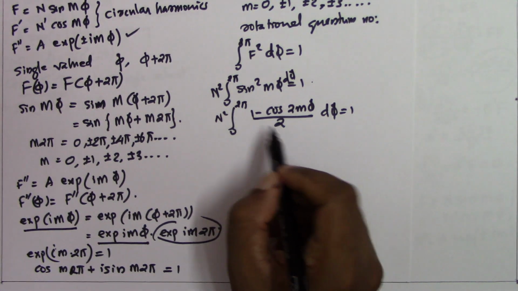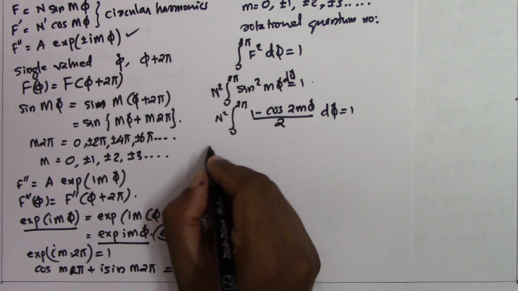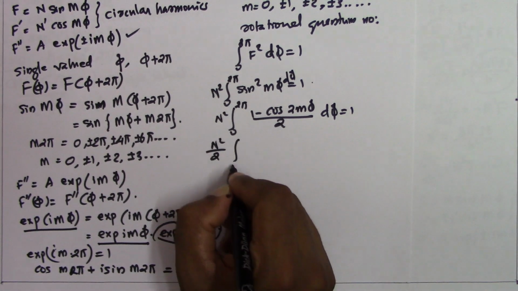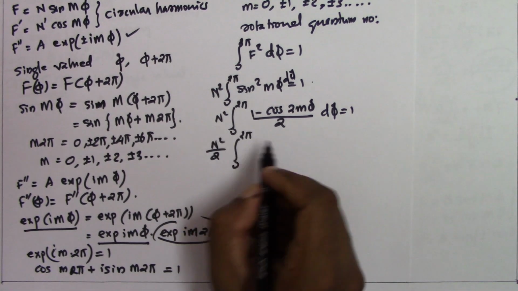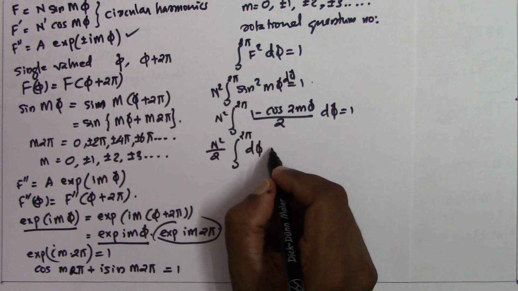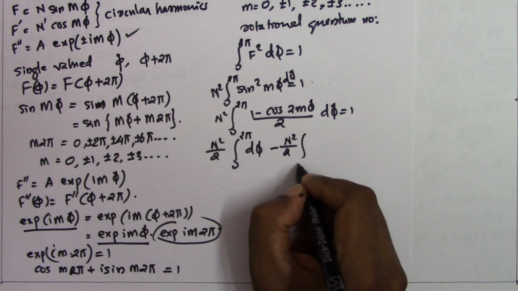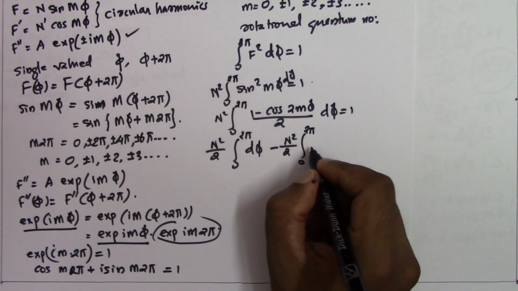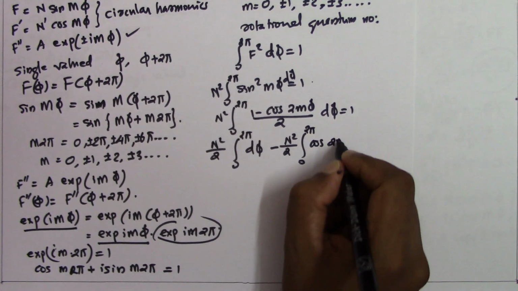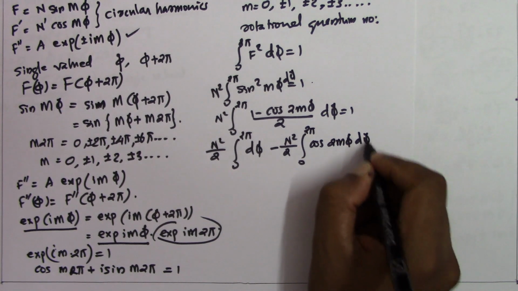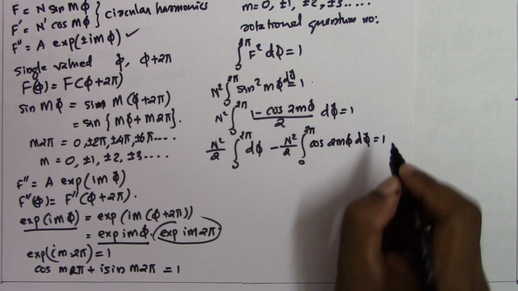That I have applied as a relation here. It means that N²/2 integral 0 to 2π dφ minus N²/2 integral 0 to 2π cos 2mφ dφ is equal to 1.